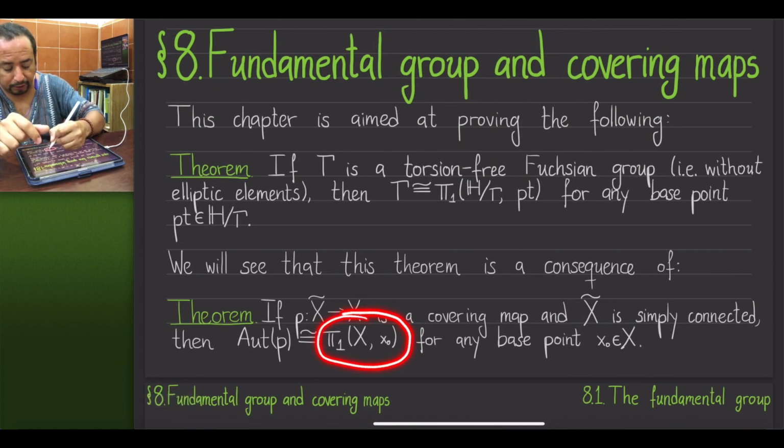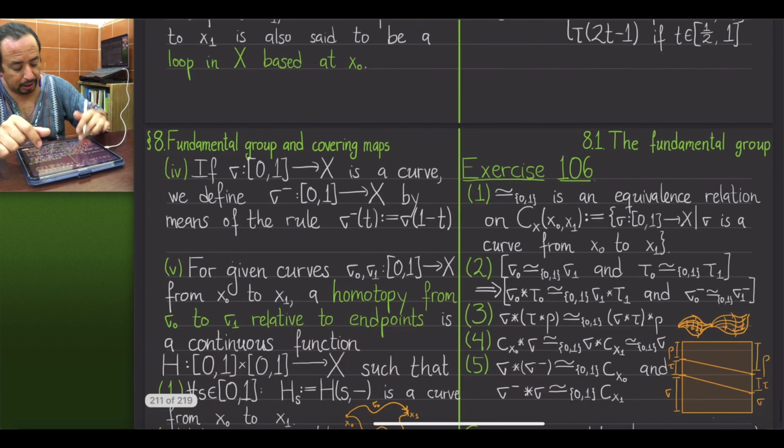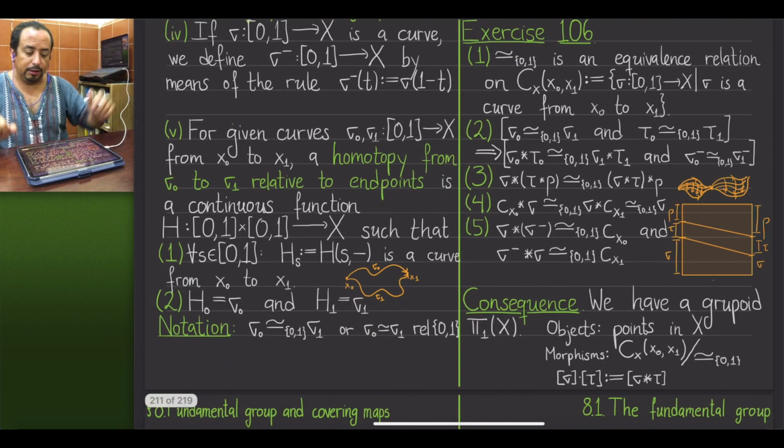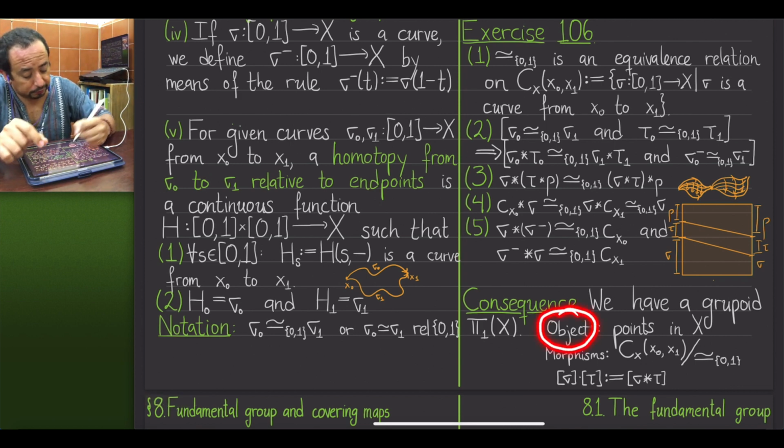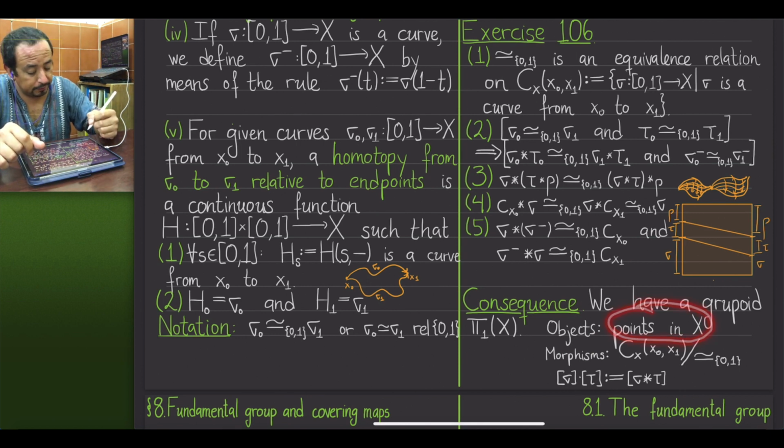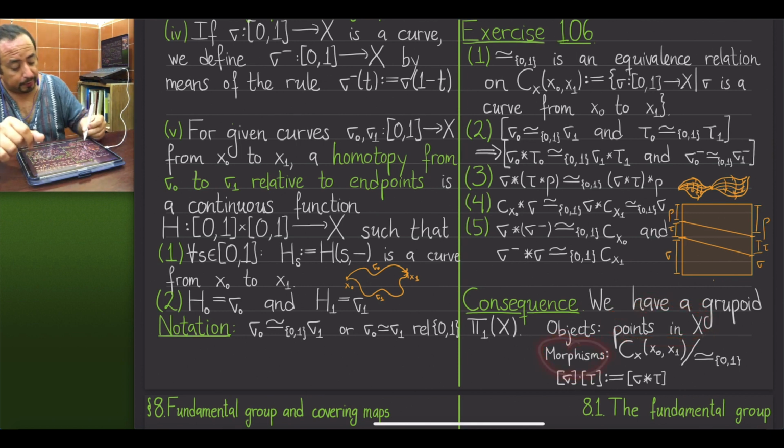Here is pi1 of x with respect to some point, and here I'm using only pi1 of x without referencing any point. Okay, the objects of this groupoid, of this category, are the points in x, and the morphisms are the homotopy classes relative to endpoints of curves in x.